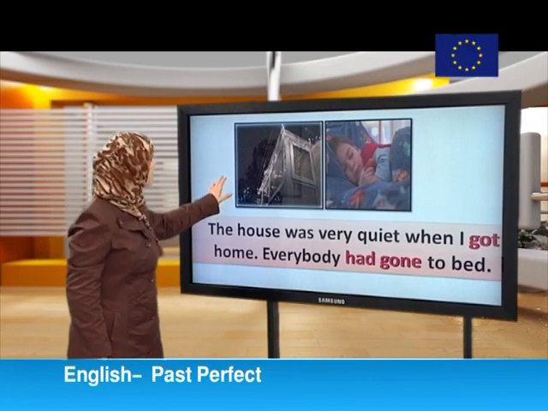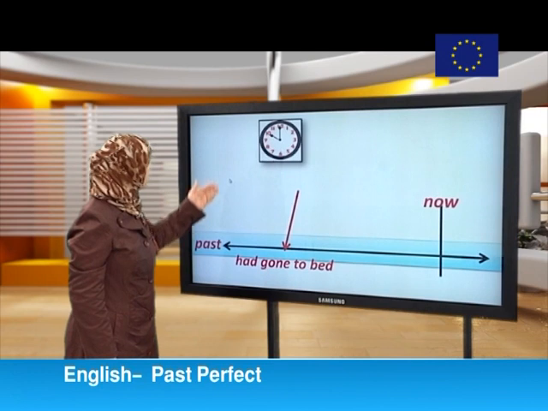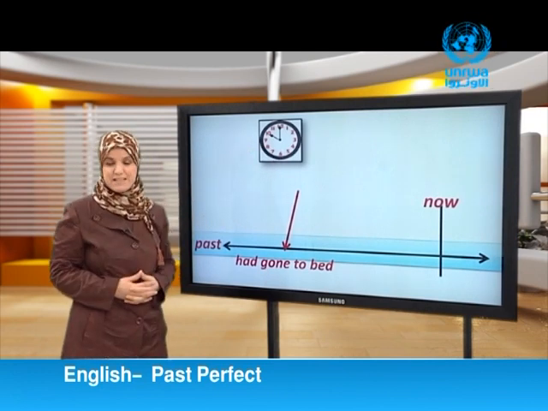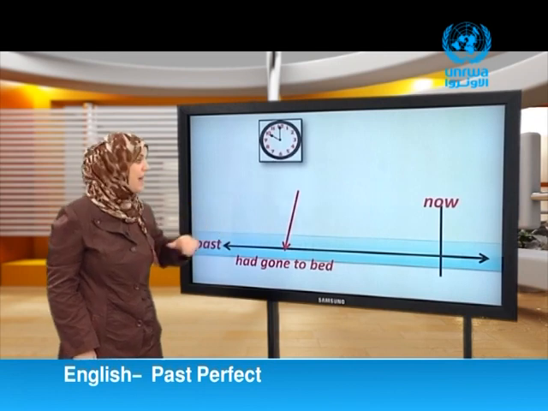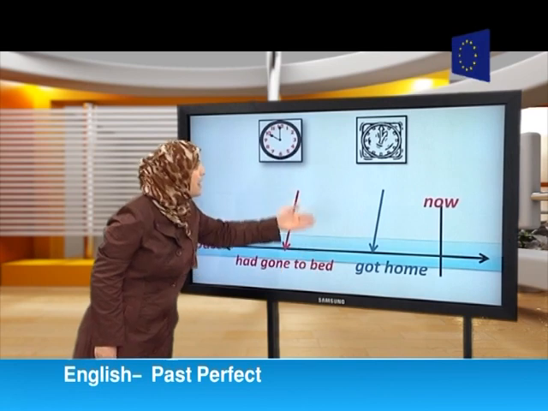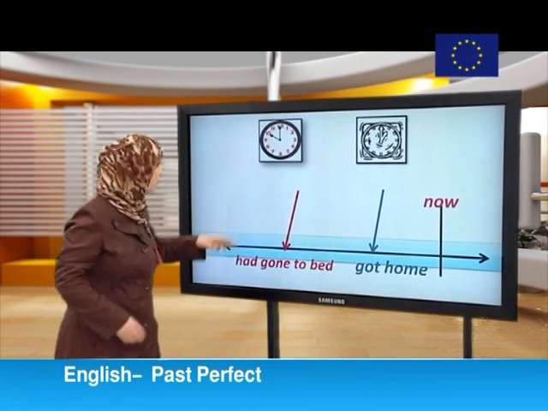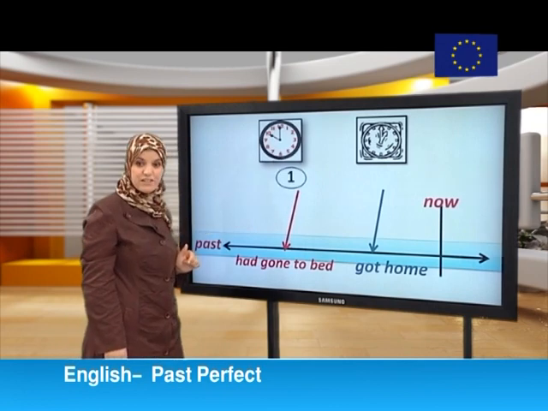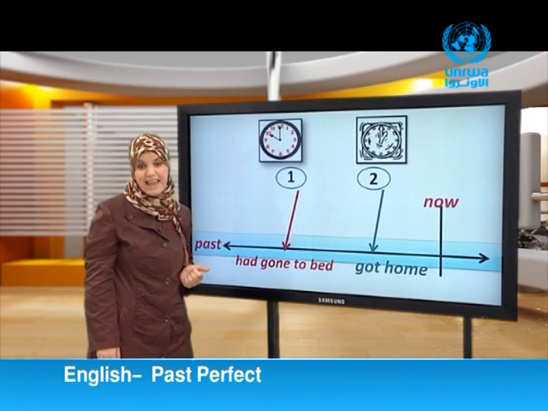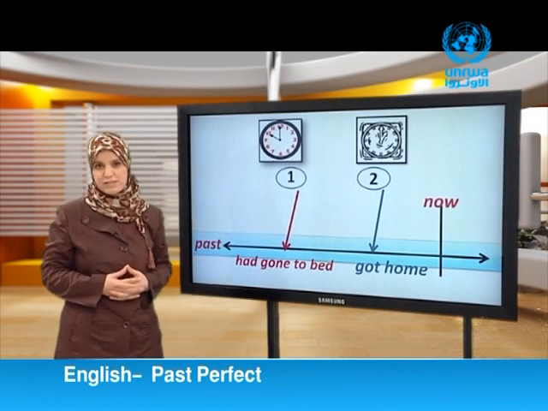Let's look at the timeline and see. Now, everybody had gone to bed at 10 o'clock yesterday night. Then, or after that, I got home. I got home at 1 after midnight. So, this is the first action, and after this action, I got home. This is the second action. So, notice we have two actions.